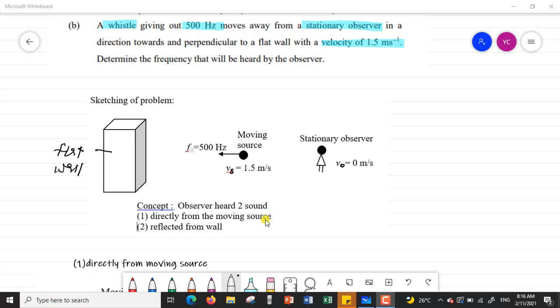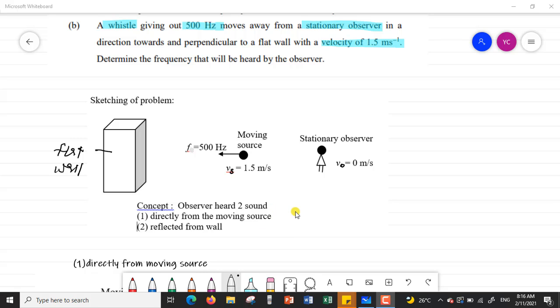One is directly from the moving source. Another one, it will hear the sound or the frequency of sound that is reflected from the wall. Reflected from the wall. Okay. So actually for this question, we are going to have two answers.